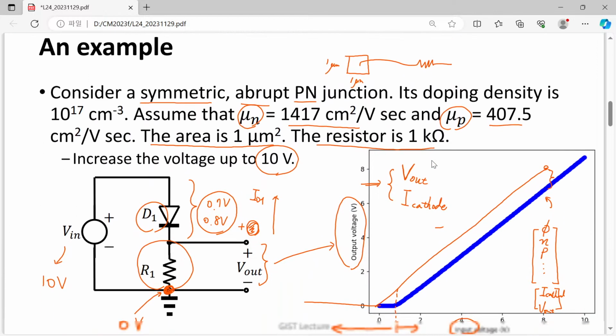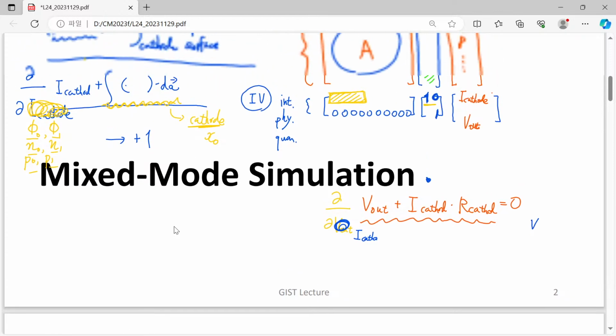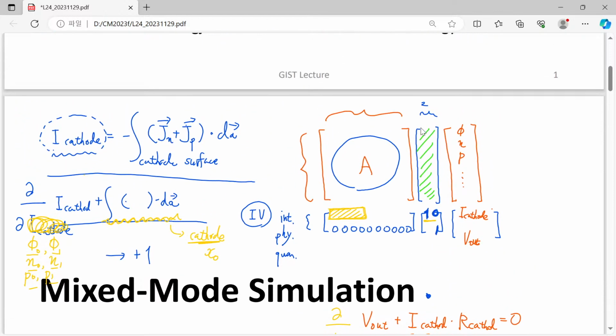And since out voltage is just cathode voltage, we must consider that when out voltage is changed, then our physical quantity, the electrostatic potential attached to this cathode contact, should be affected. So if you don't understand, then please review this recorded lecture once again, or directly ask me the question.